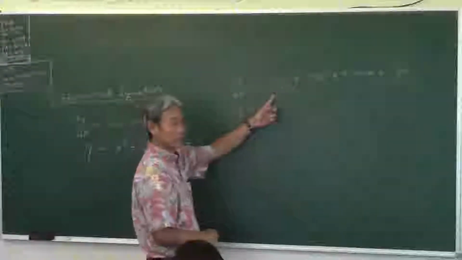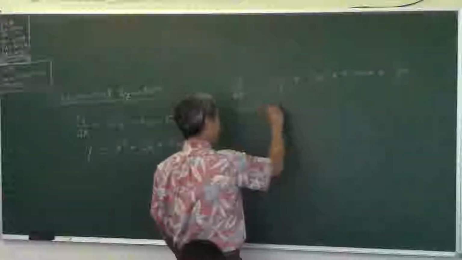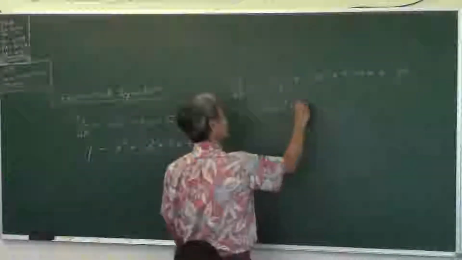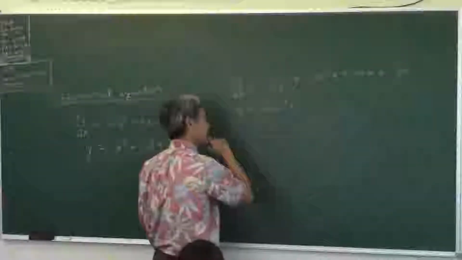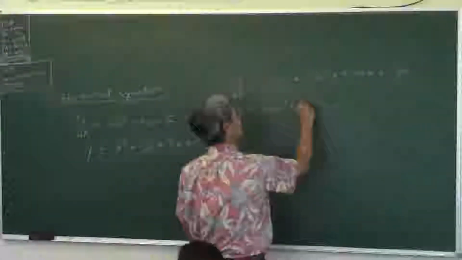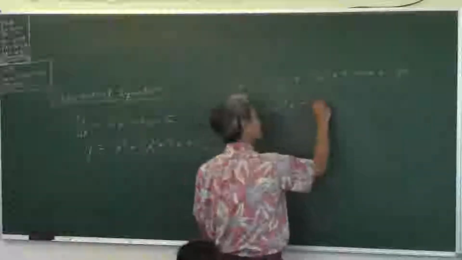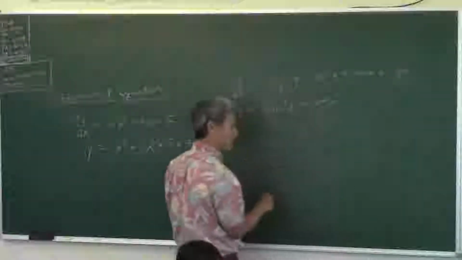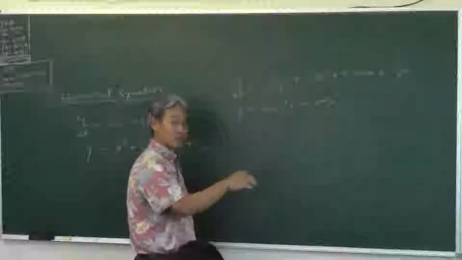Okay, look at that one. That is the derivative of tan inverse x. And then what about this one? Negative or positive? Negative cotangent x, because remember, the derivative of cotangent x is negative cosecant squared.